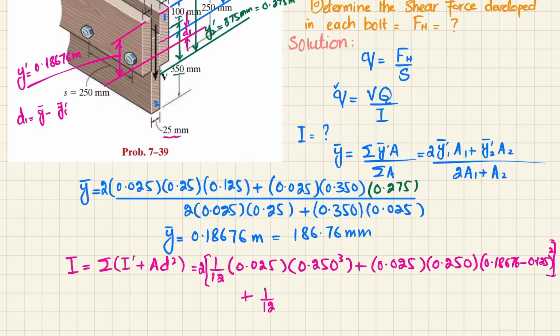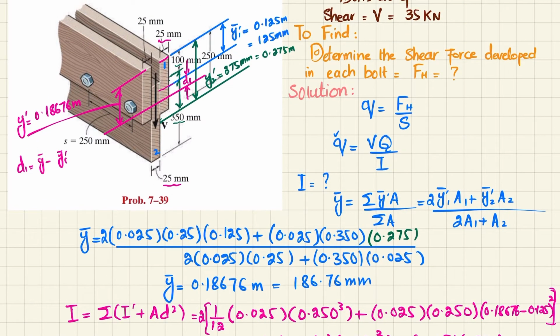Breadth is 25 millimeter, which is 0.025, and height is 350, which is 0.350 whole cube, plus area, which is 0.025, and height is 0.350 into d squared. Now what is d? D is the distance from the neutral axis.